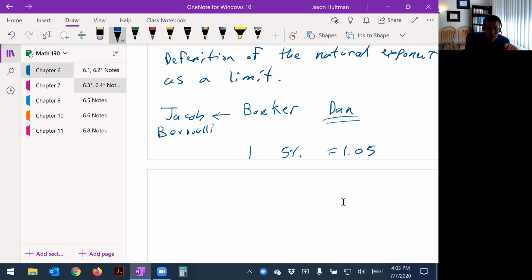It's called compound interest. Oh, compound interest, that's interesting. How does that work? Let me show you. Let's say you take your $1 and invest it at 5%, but you compound this. You divide that interest rate by n intervals, and then you compound the interest over n terms.